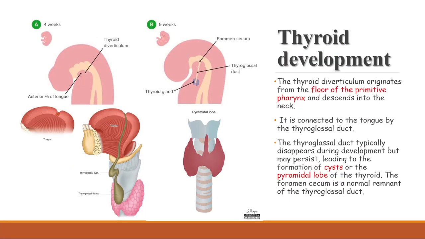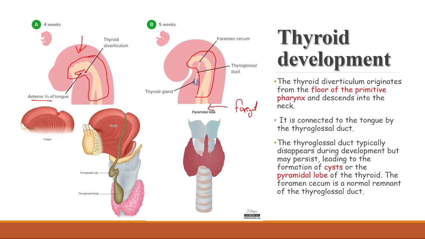So if we see the picture here, this is the embryo, right? This is the primitive pharynx, and underneath the primitive pharynx you have the foregut right here, right? The foregut is going to form the esophagus down till the duodenum, right? So where does the thyroid develop? As you see here, this is going to be the anterior 2/3 of the tongue, this swelling.